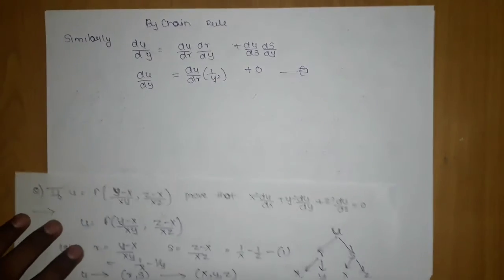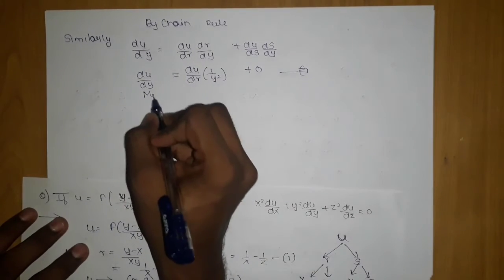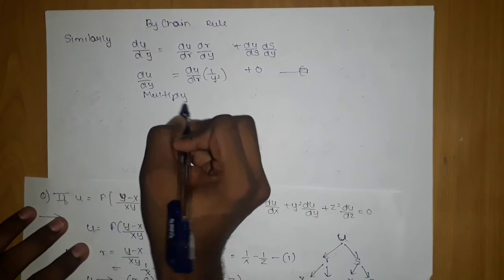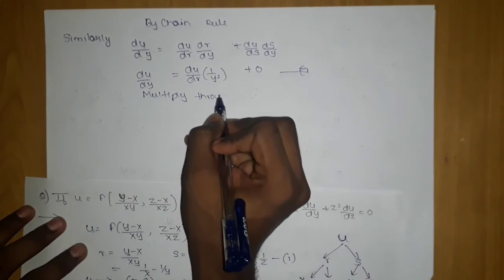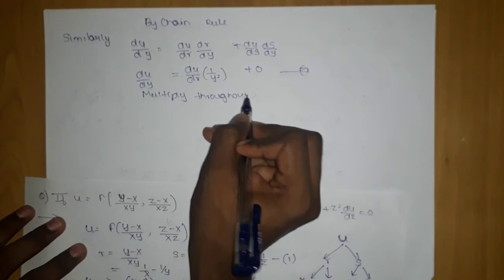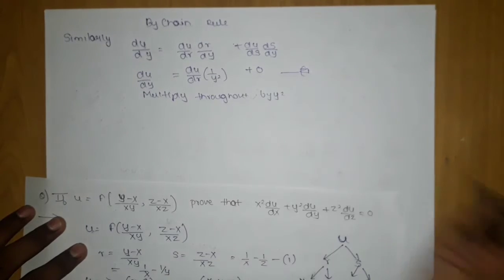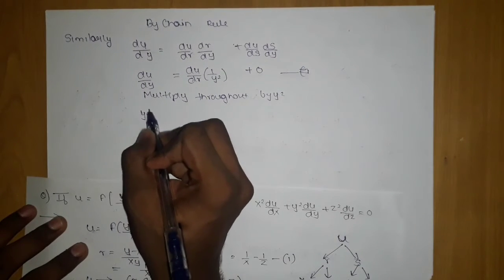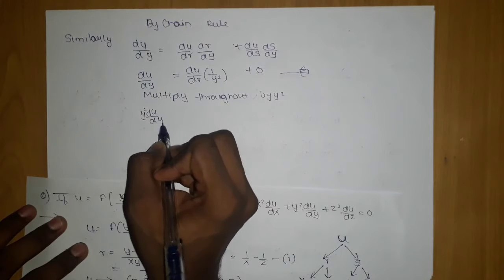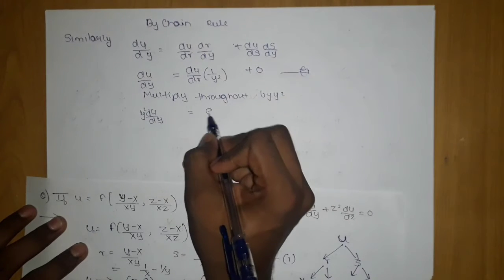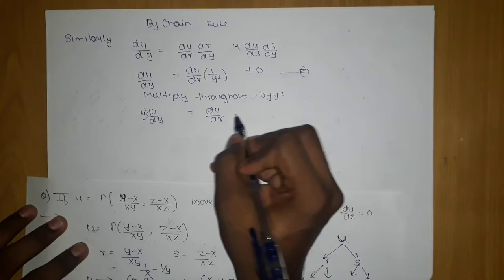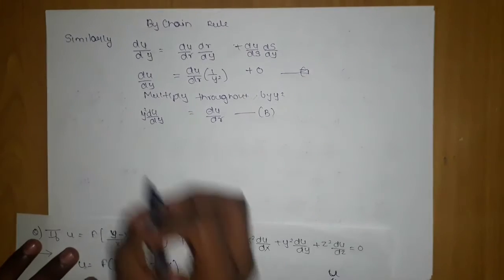I will multiply throughout by y square. If you do that, you will get y square dou u by dou y, this will cancel out, and you will be left with dou u by dou r. Call it b.